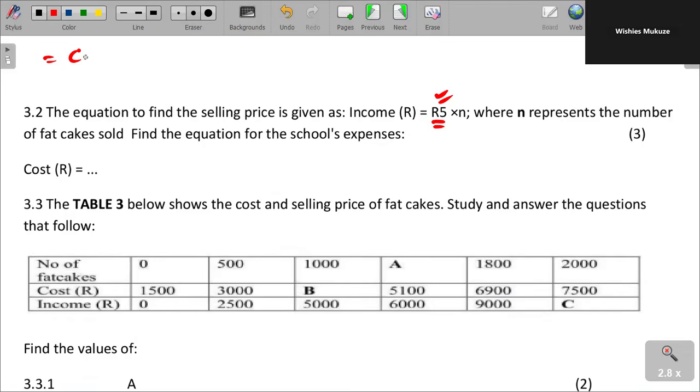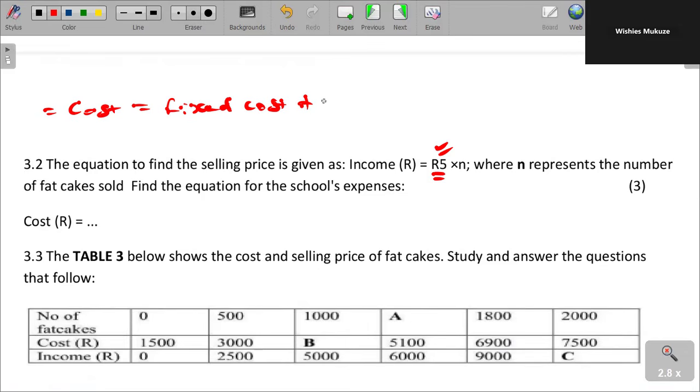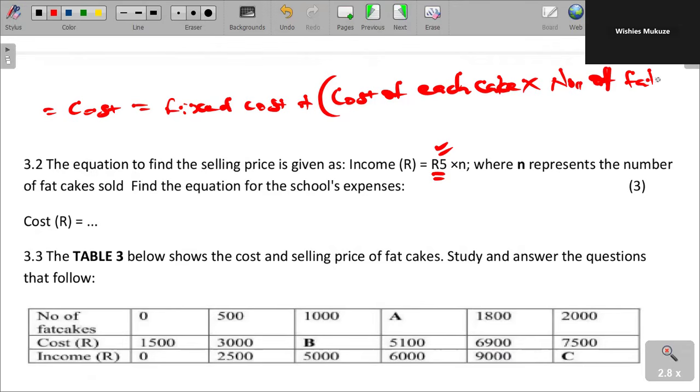We want to say cost is equal to the fixed cost plus the variable cost, which is the cost of buying each fat cake, the cost of each cake multiplied by the number of fat cakes. That is what is happening.